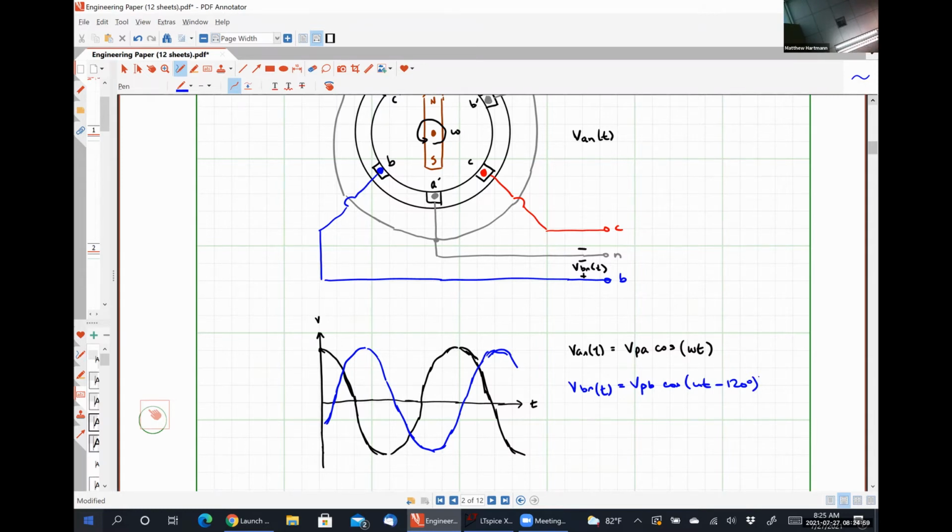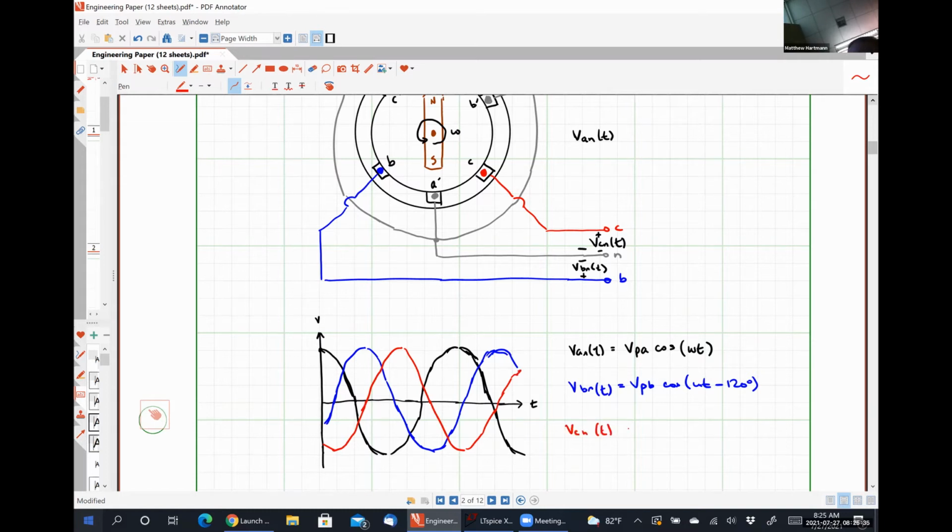And after another 120 degrees of rotation, we should see that the flux is maximum through the C phase, inducing a voltage VCN of t, which is going to look something like this.